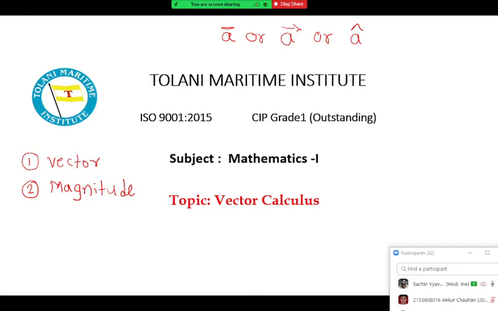But generally that notation is never followed, and it is difficult to do by handwriting also. So we will follow either a bar, an arrow, or a cap. In particular, the third notation we use for unit vector, and for a vector you will follow either a bar or an arrow.